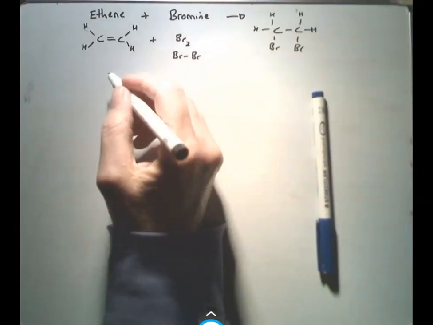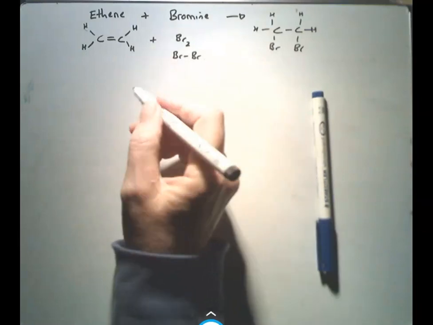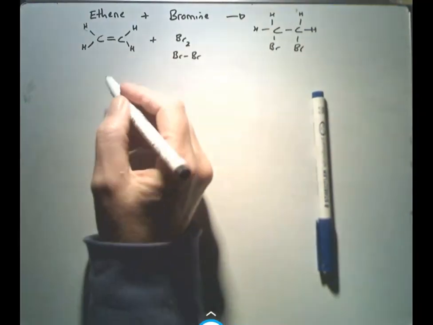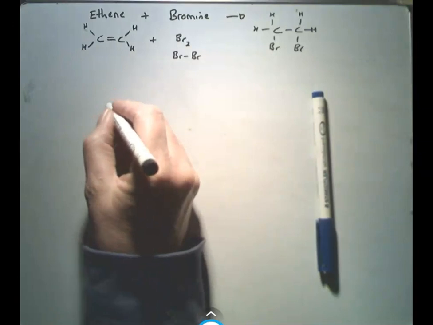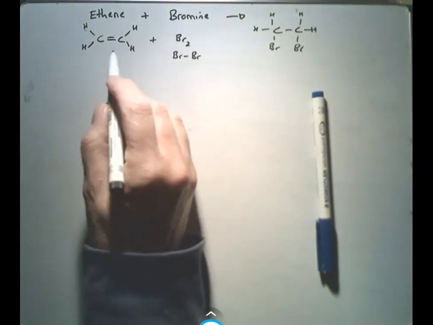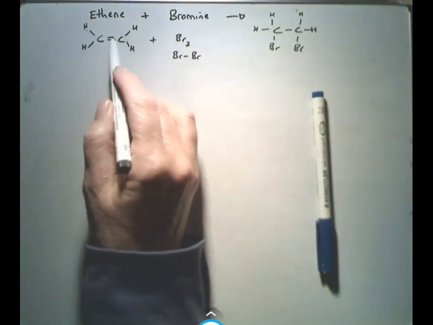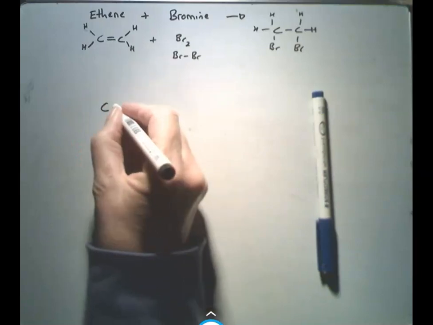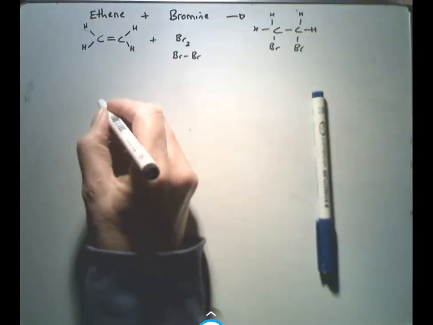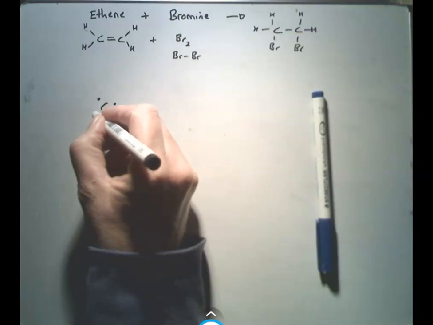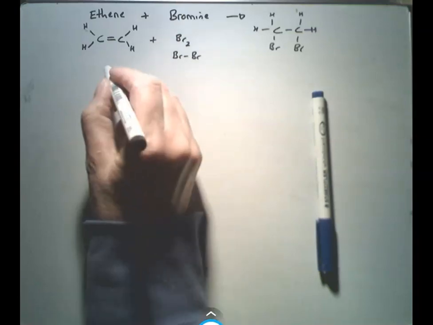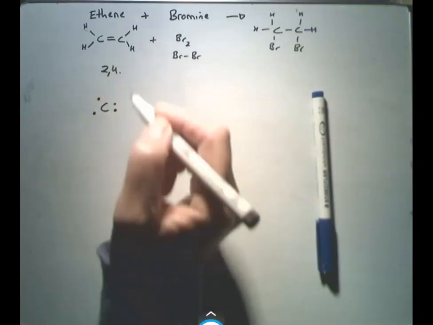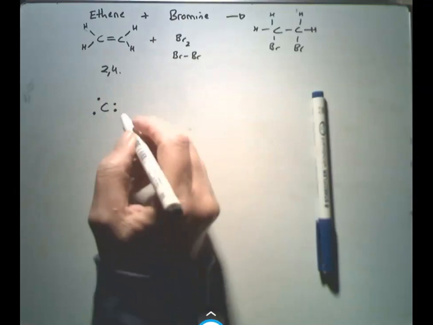Okay, so I'm going to draw out what's going on here to show you what's happening with the electrons. So if I draw the ethene really large, these bonds are because the carbon is sharing 4 of its electrons. Carbon has 2 and 4. It needs to make 4 extra bonds.